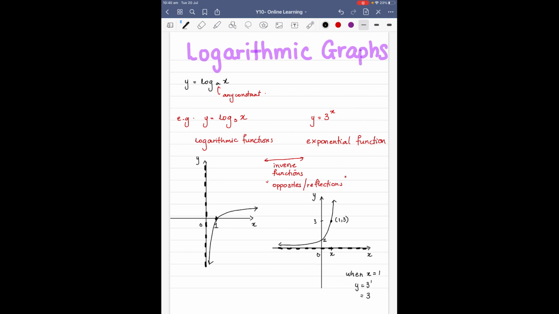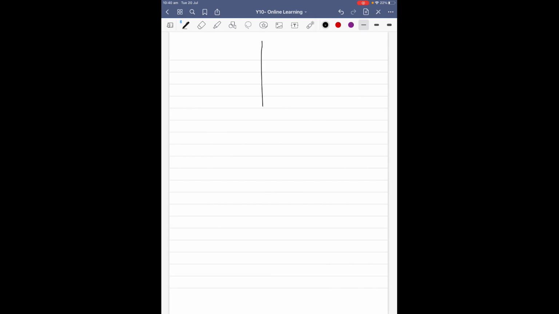Now, if I were to combine the two graphs together, we're going to draw a really rough picture here. With y, 0, and x, it looks like this, roughly. This is your exponential. Then we have your log, which is like this.